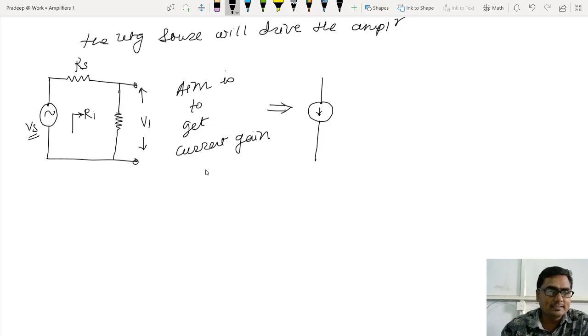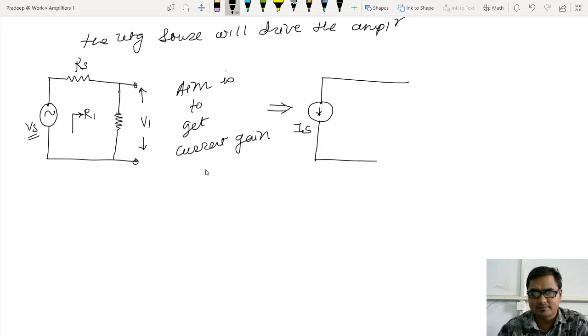This is Vs, let me call it Is, and the series resistance which is in series with the voltage source will now come in parallel with the current source. So now this is my Rs. The input impedance of the amplifier, obviously, will remain as it is. It should not be Rin, it should be only Ri.